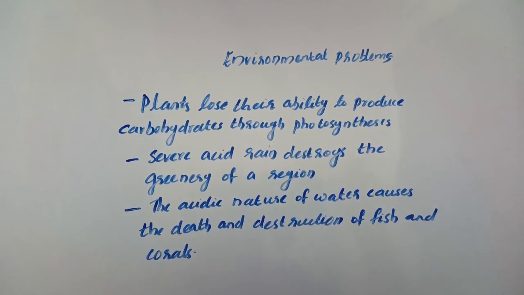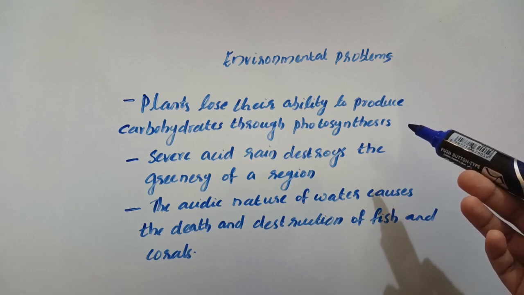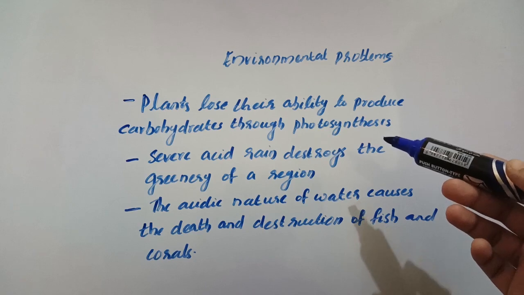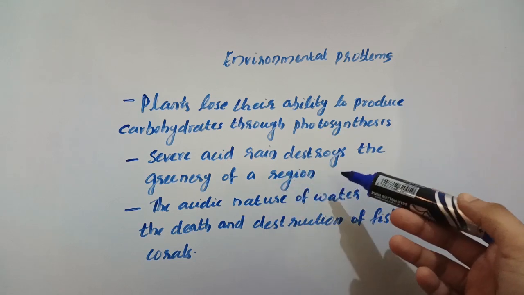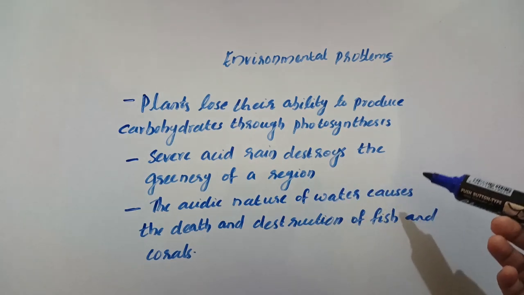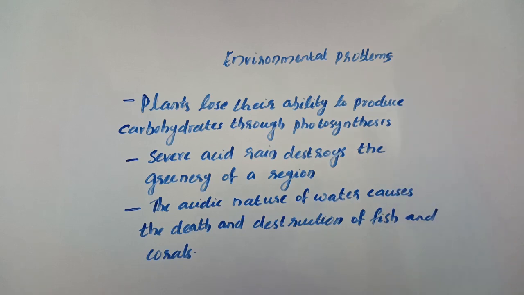Next, we can discuss some environmental problems caused by acid rain. First, plants lose their ability to produce carbohydrates through photosynthesis because their leaves are destroyed. Severe acid rain destroys the greenery of a region. The acidic nature of water causes death and destruction of fish and corals.